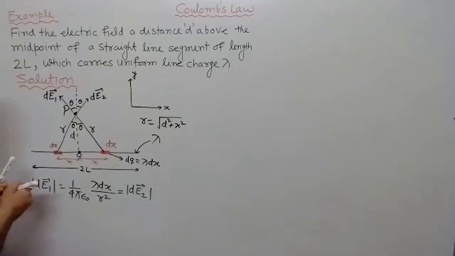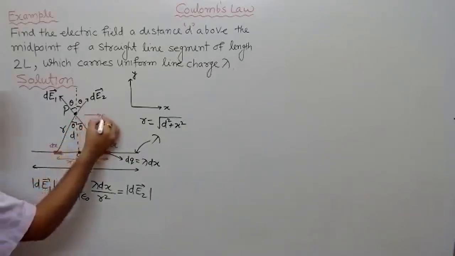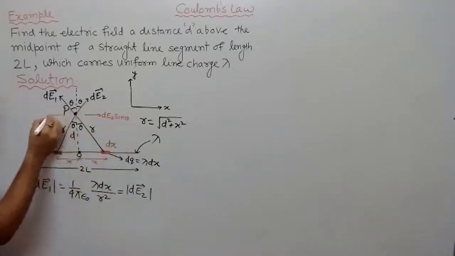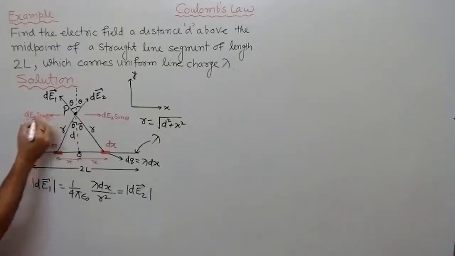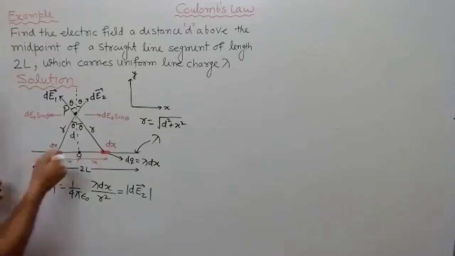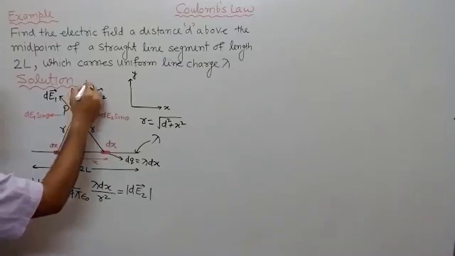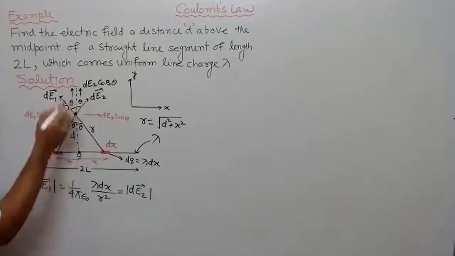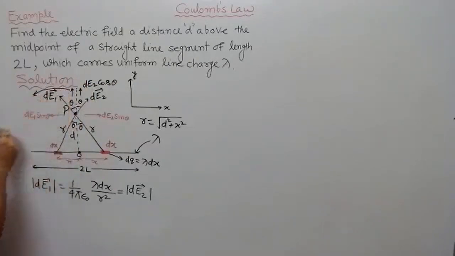So what will be the component of dE2 in this direction? This is dE2 sine theta. The component of dE1 along this direction is dE1 sine theta. And along this direction, this component is dE2 cos theta, and this component will be dE1 cos theta.